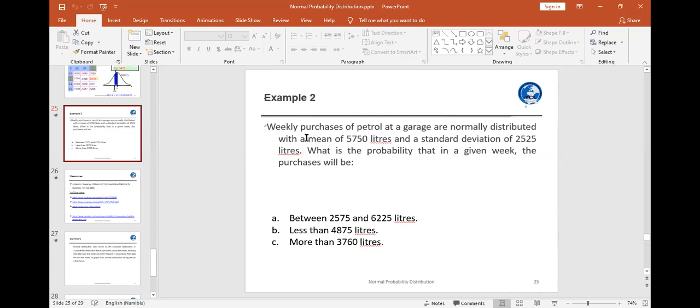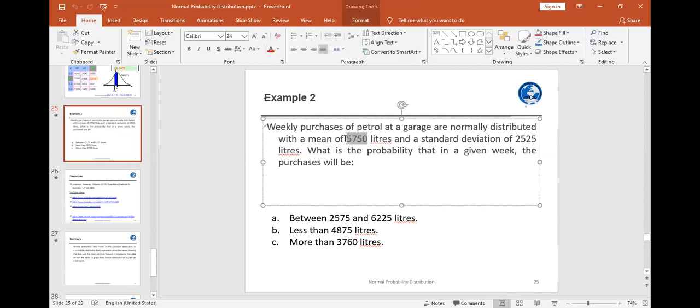That number is possible because if it has been in operation for some time, they have historical data, and they should be able to calculate the mean or the average. Based on their calculations, they have concluded that the mean on the weekly basis is 5,750. This is an estimate, with some variations.